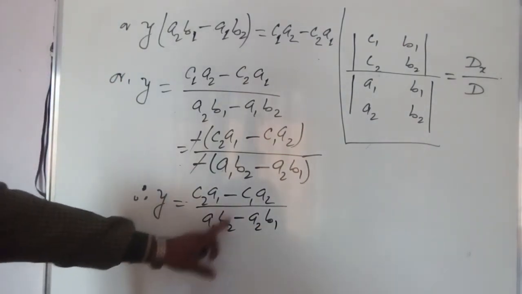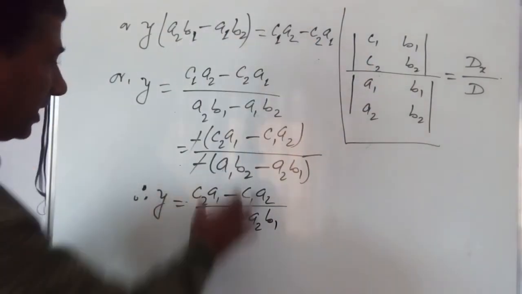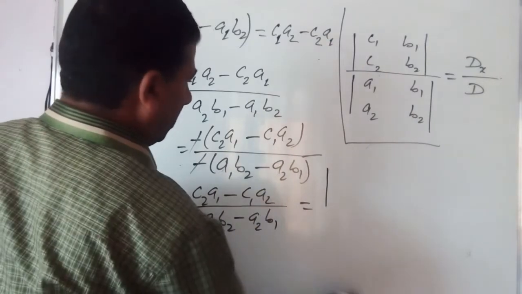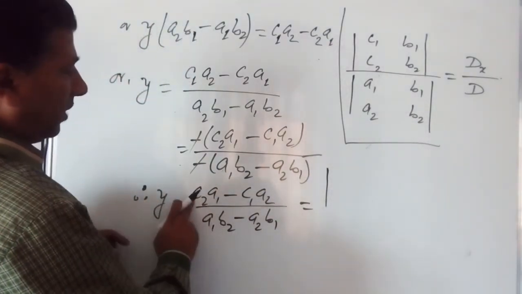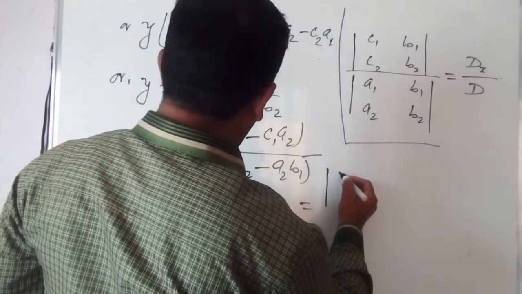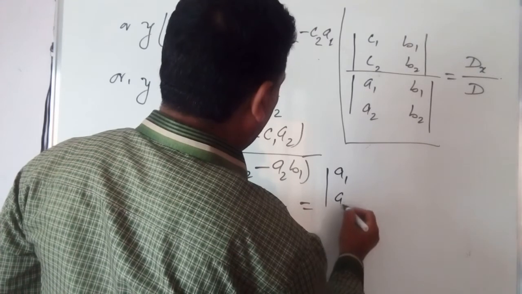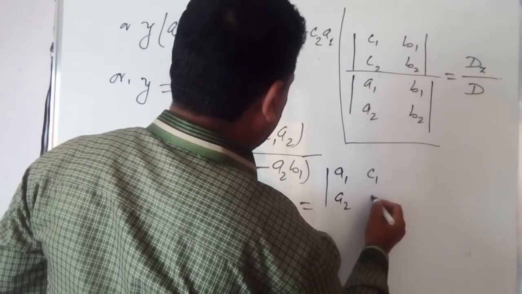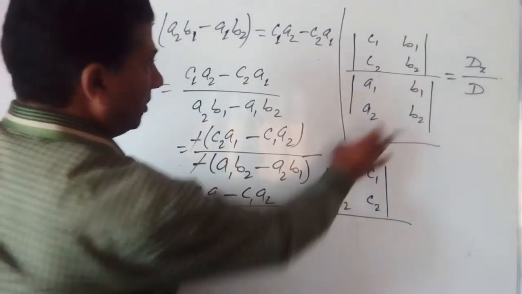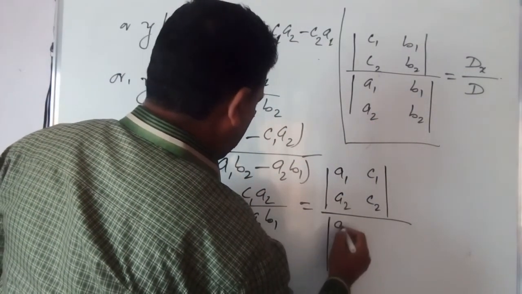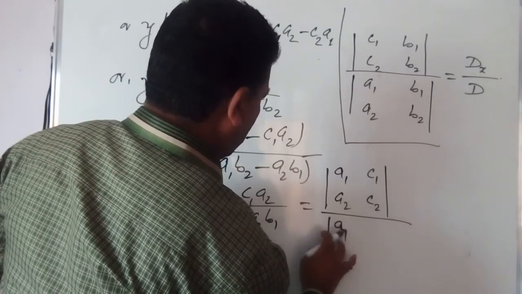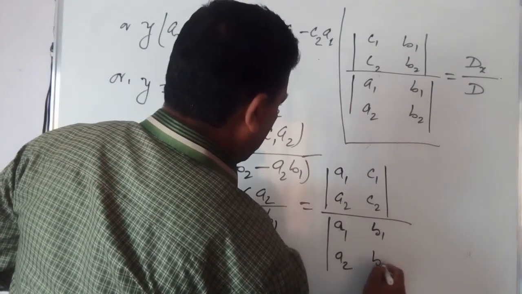Now I write this again in terms of determinant. I'll change this; it can be written like this. The numerator is the determinant with a1 a2 and c1 c2. The denominator is the determinant with a1 a2 and b1 b2.